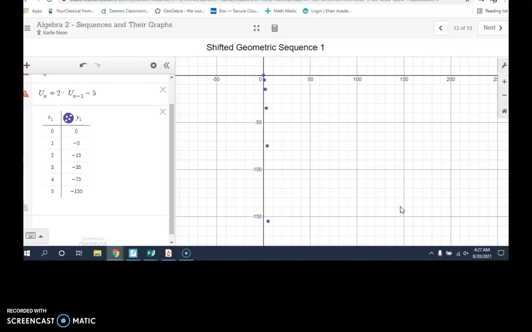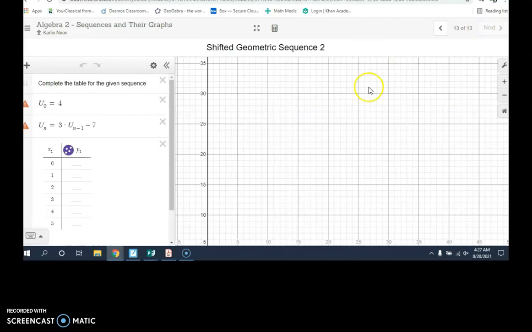As in the previous problem, the points got closer, so that means it is approaching a number. Here they're getting further and further apart, which means the graph, as x gets larger, is not approaching a number. It's just going to get extremely small, eventually into negative millions, negative billions, and so on.